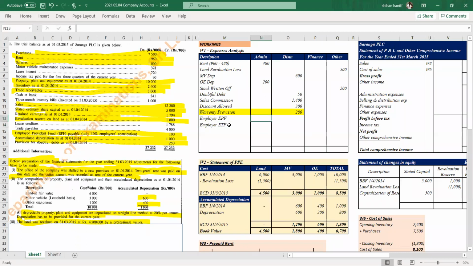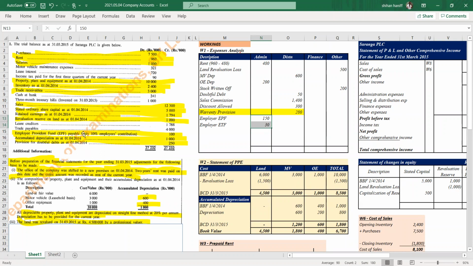More expenses, administration expenses, 150 and 30. 1,000 into 3% is 30. And these are payables, 150 and 30.